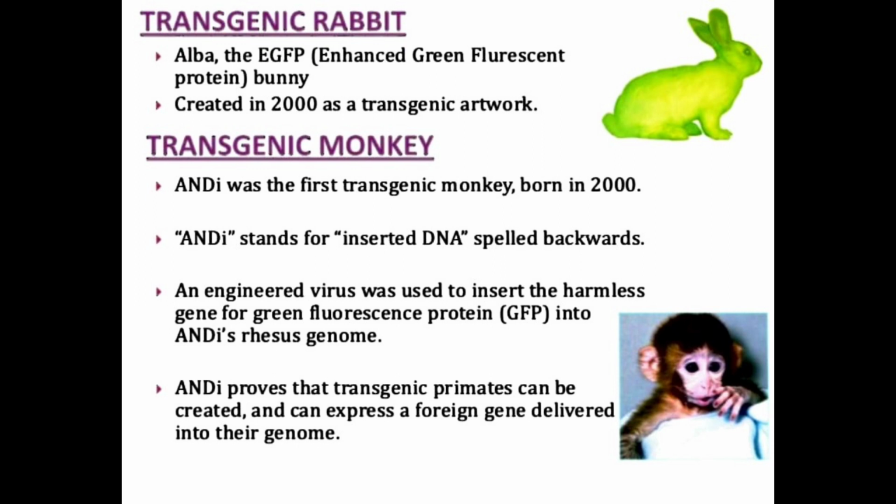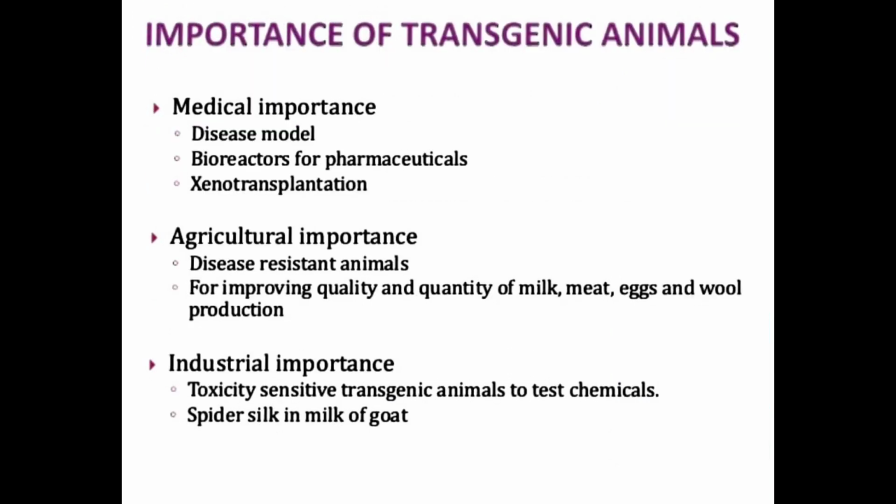ANDi was the first transgenic monkey born in 2000. ANDi stands for inserted DNA, spelled backwards. An engineered virus was used to insert the harmless gene for green fluorescent protein into ANDi's rhesus genome. ANDi proves that transgenic primates can be created and can express a foreign gene delivered into their genome.